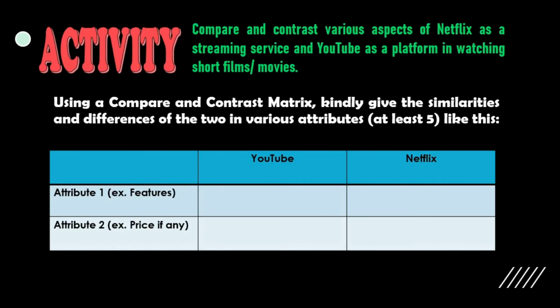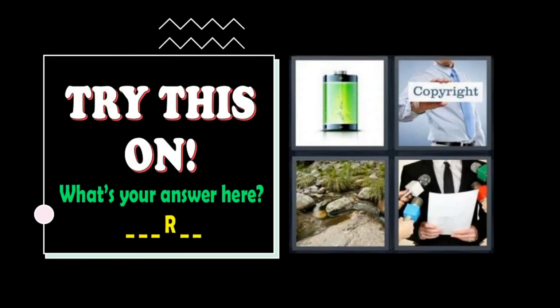For example, what are the features of YouTube? What about Netflix? That's how you're going to do this activity. Next, I want you to try this one. What's your answer here? Please check.